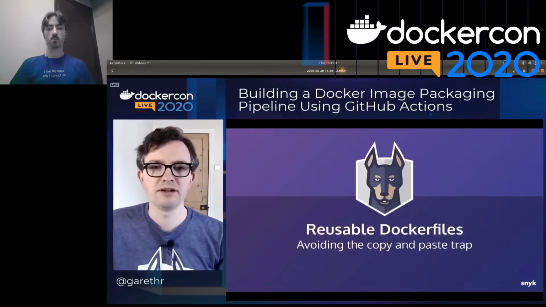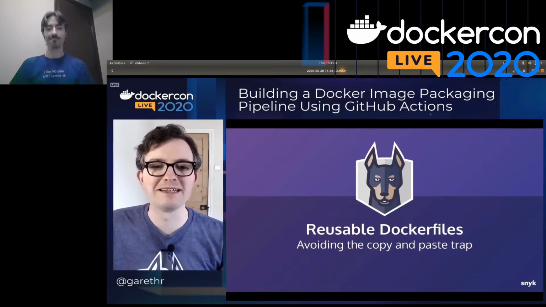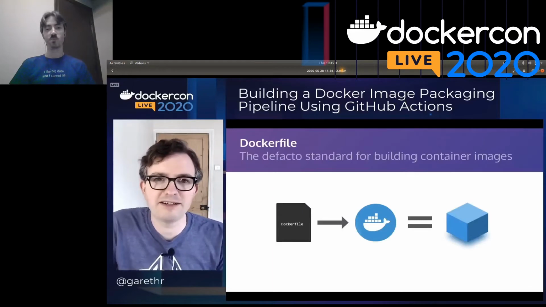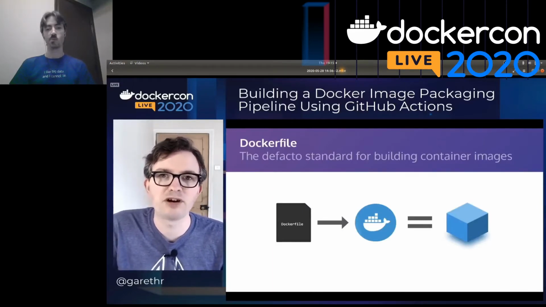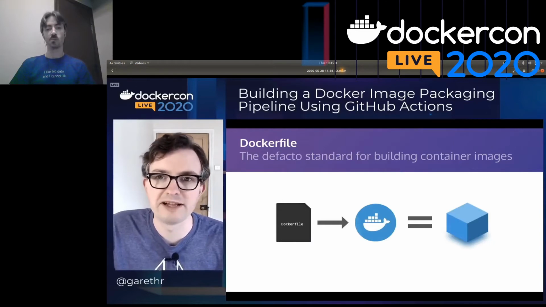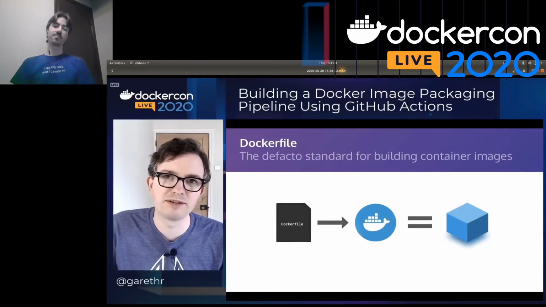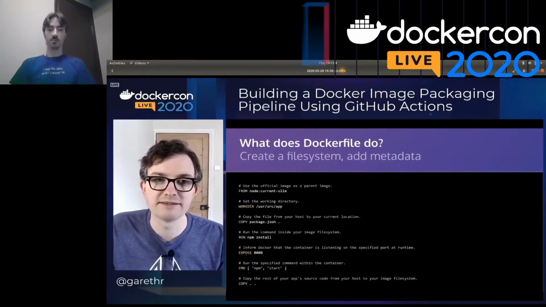So, Dockerfiles, everyone's favorite topic, hopefully. Dockerfiles, I'd say, are the de facto standard for building container images. Take a Dockerfile, run docker build, get an image. It's lots of people's first experience with Docker and building out things in the container space.